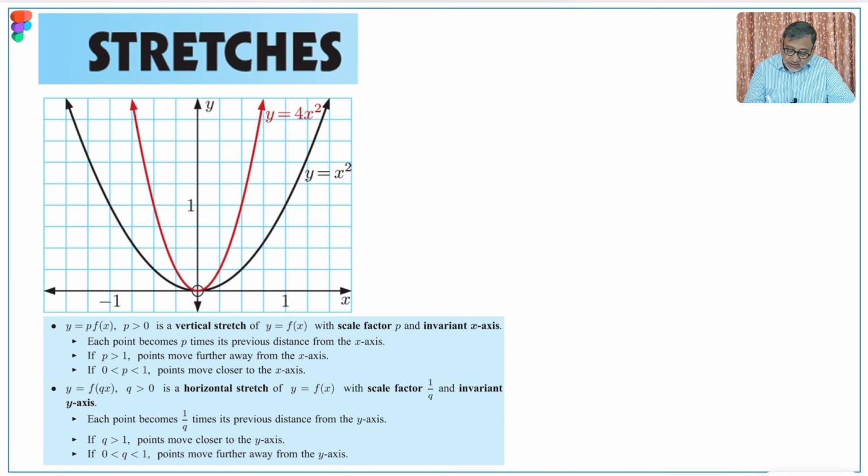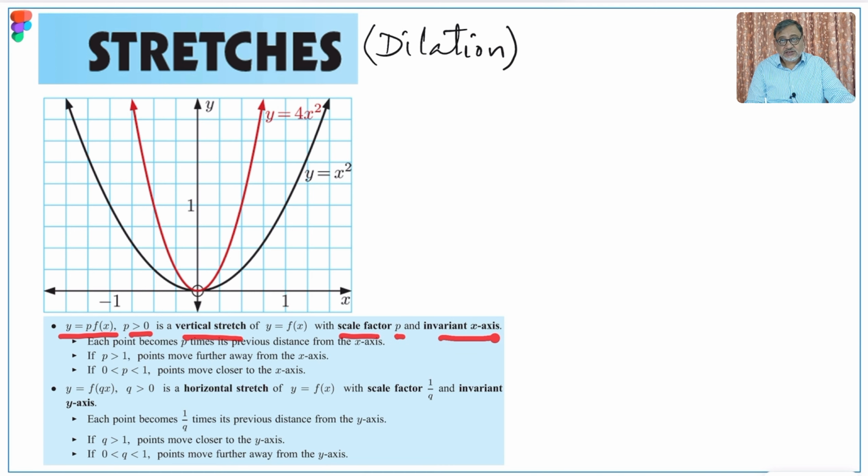Whenever you have stretch and shrink, you can also call it dilation. So when your graph is y is equal to p times f of x, where p is greater than 0, then there is a vertical stretch of scale factor p, invariant x-axis, meaning the x-axis will remain as it is.